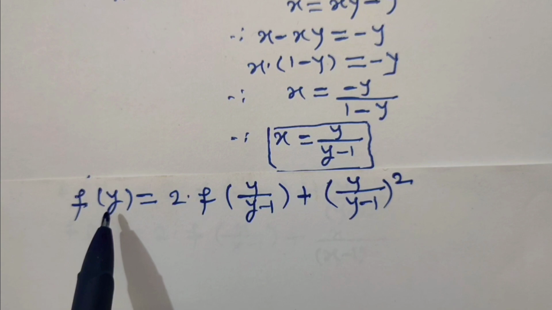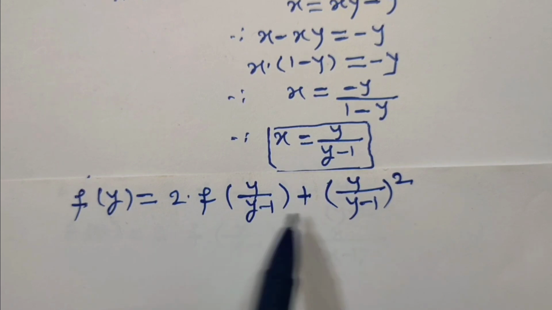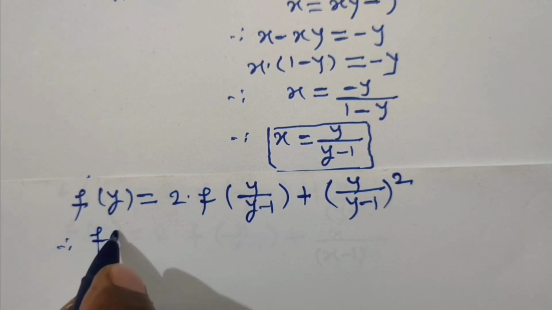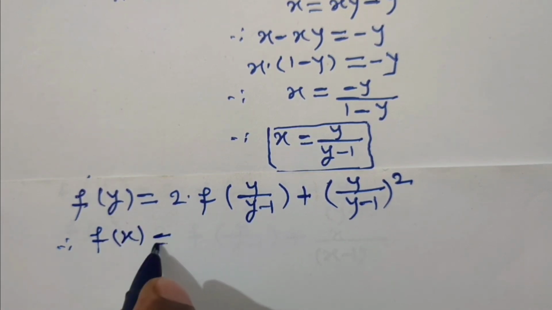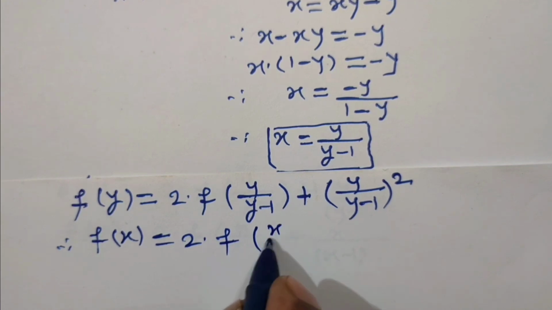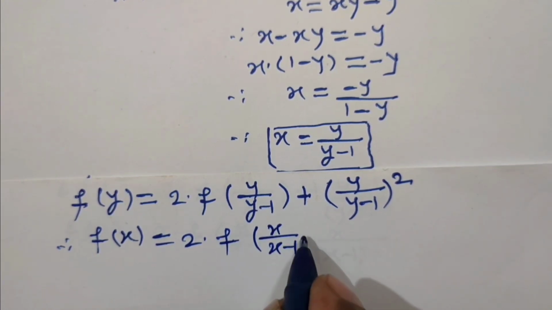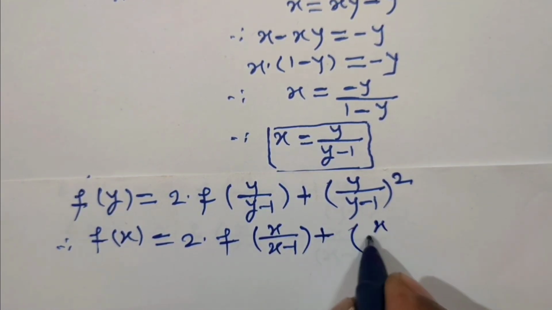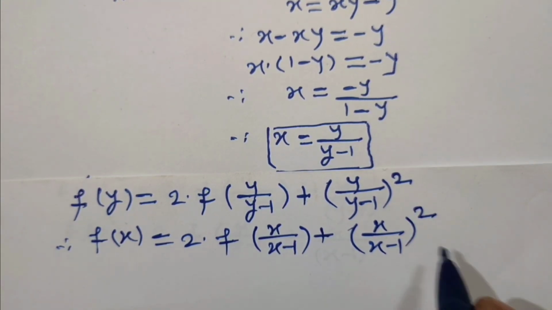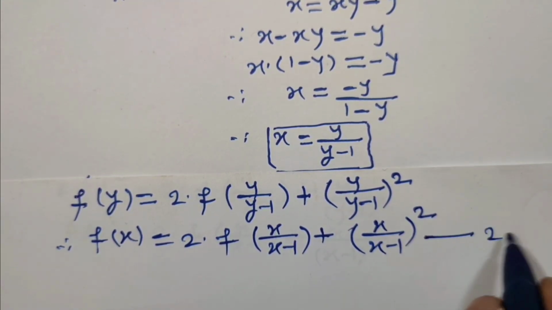We can replace y by any other variable, so we can replace y by x in this equation because we want the value of f of x. Hence f of x is equal to 2 times f of x upon x minus 1 plus x upon x minus 1 its square, and consider this is equation number 2.